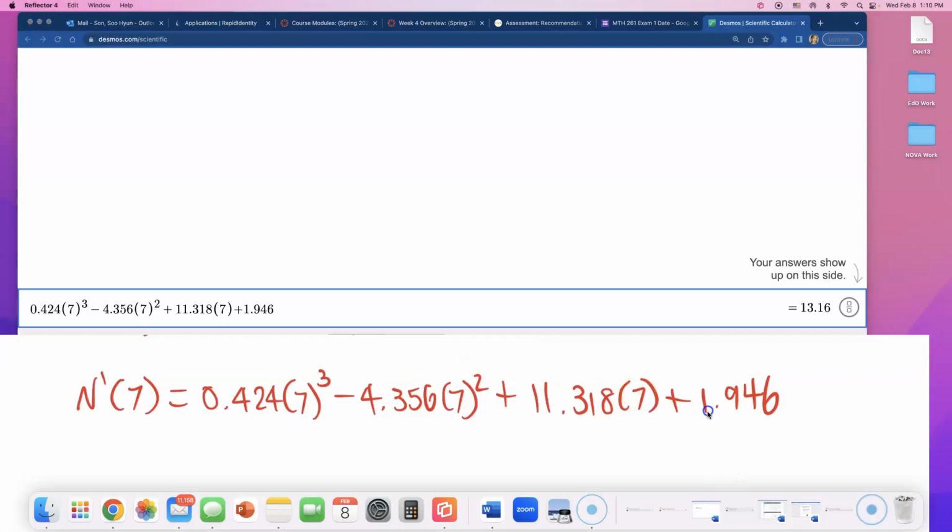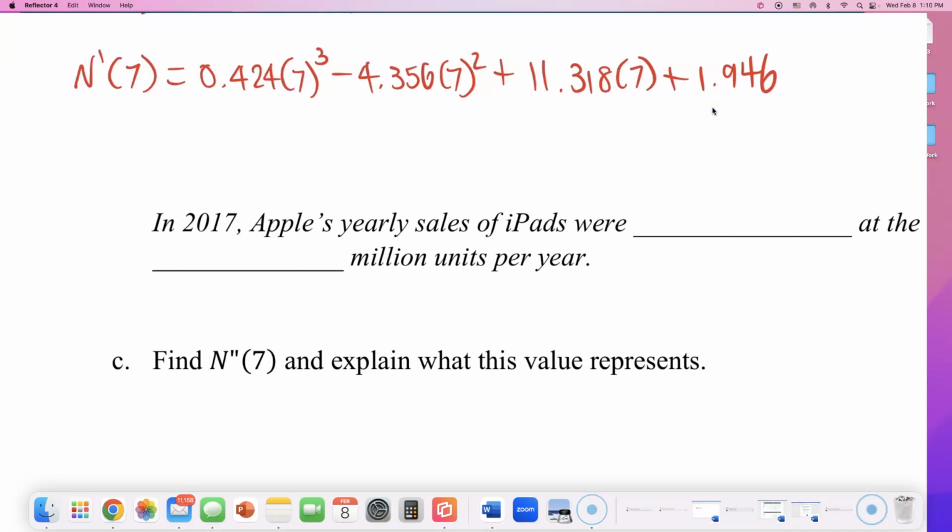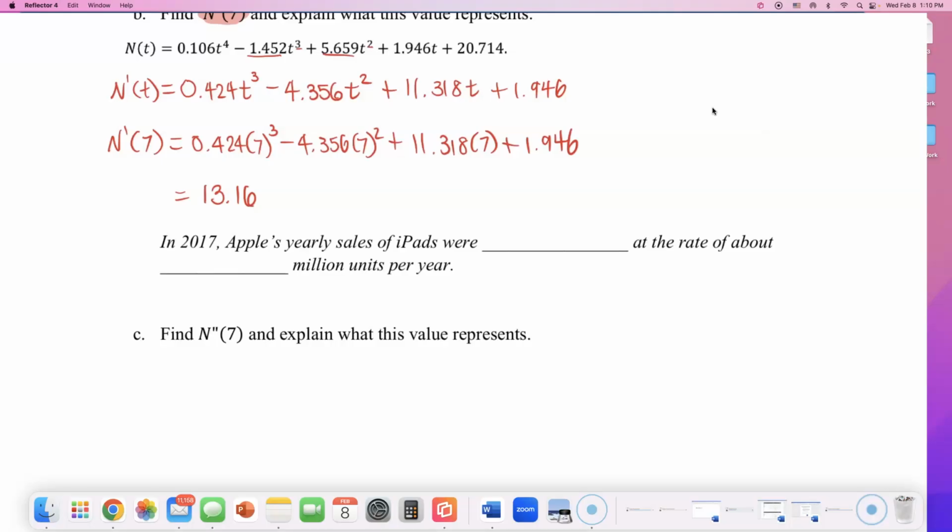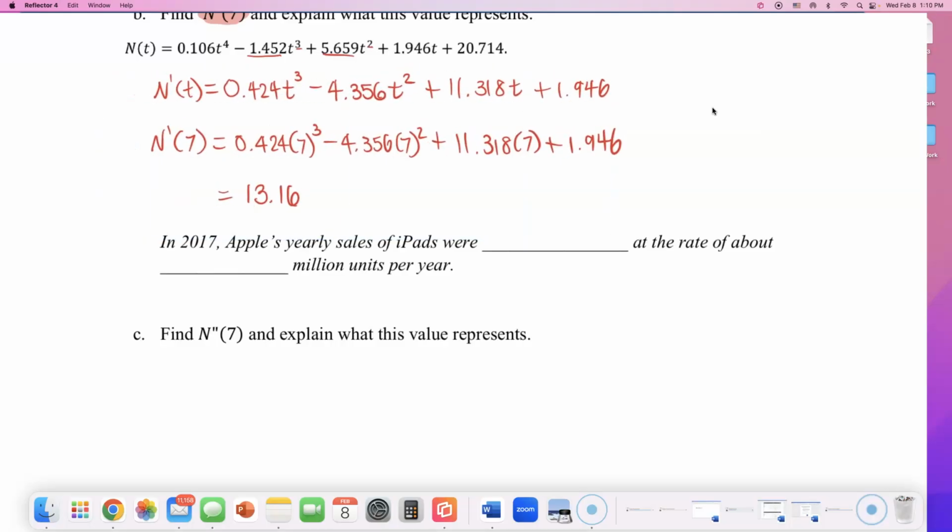But what does that mean, right? So let's write this down and talk about it. 13.16. We're talking about iPads, but 13 point what? Well, that number came out to be positive, so this number is talking about how the iPad sales are increasing. Let's fill in this blank: In 2017, Apple's yearly sales of iPads were increasing because this number came out to be positive.